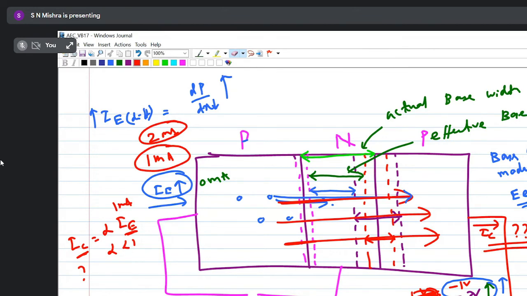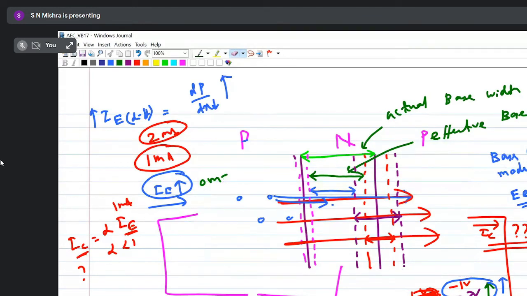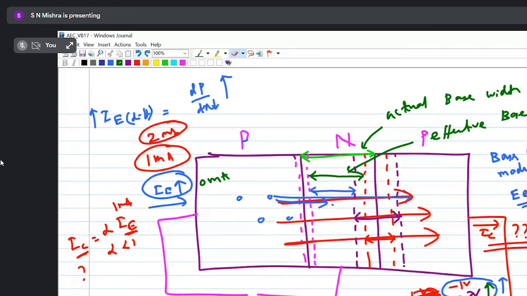How do I set IE to 0 milliampere? It will be open circuited, or negative, or I'm not giving any positive voltage to this, then only I'll get 0 current in the emitter.